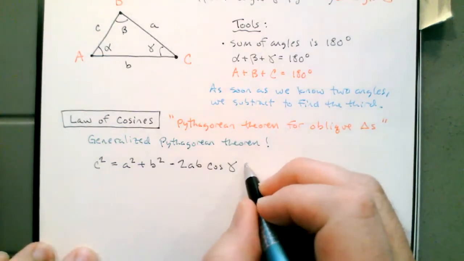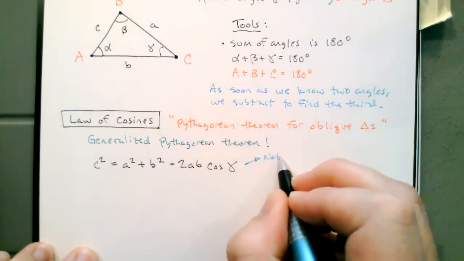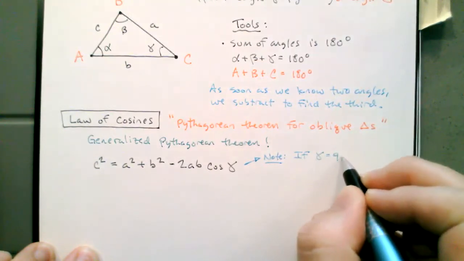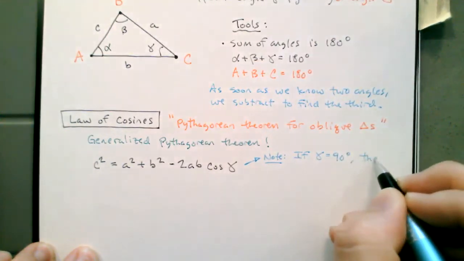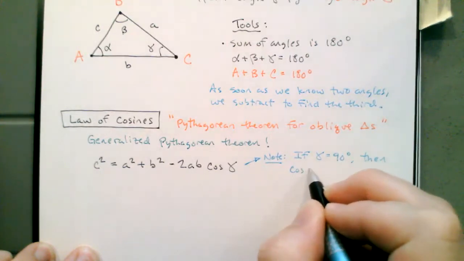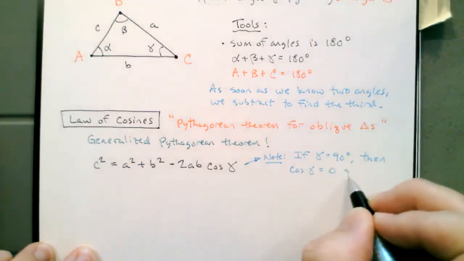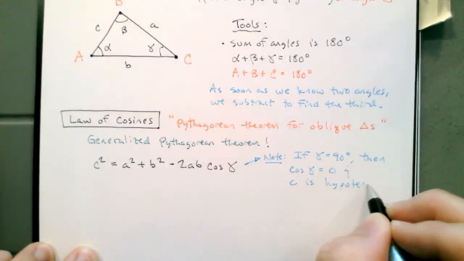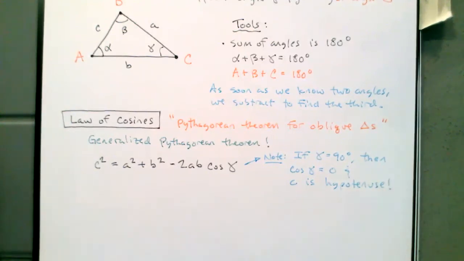So it's the Pythagorean theorem for oblique triangles, where we need the extra term of minus 2ab cosine gamma.